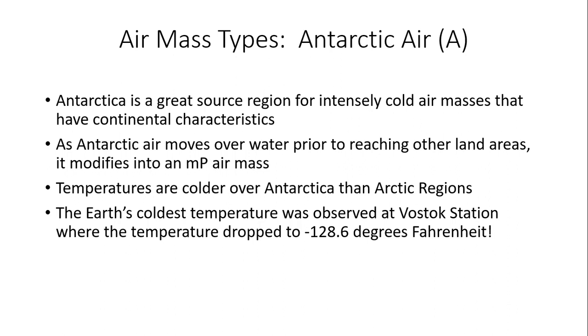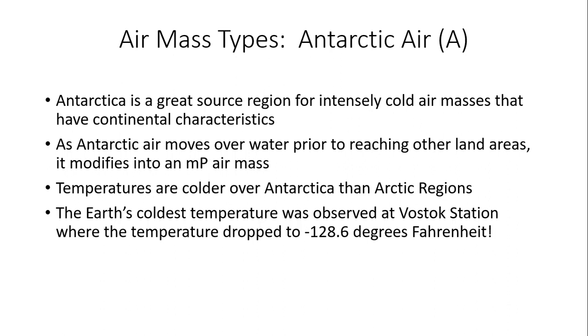As Antarctic air moves over water, prior to reaching other land areas in the southern hemisphere, it's going to modify into more of a maritime polar or MP air mass, because as that cold, dry air comes down off the higher elevation of those ice caps, it's going to pick up the moisture as it moves over it, and that's going to result in more of a modified air mass to maritime polar air.